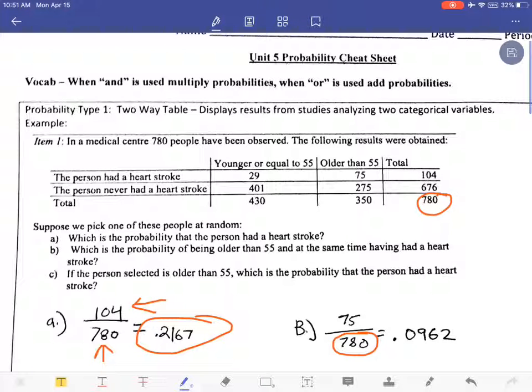We're looking at everybody in the study. Now we're looking at older than 55, and we're only looking at people that had a heart stroke, so that's going to be 75. That's what we put in our numerator. We divide those numbers, and it comes out to 0.0962. So that would be your probability for part B.